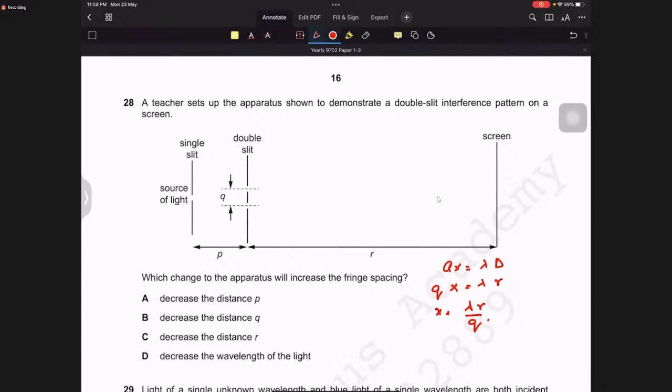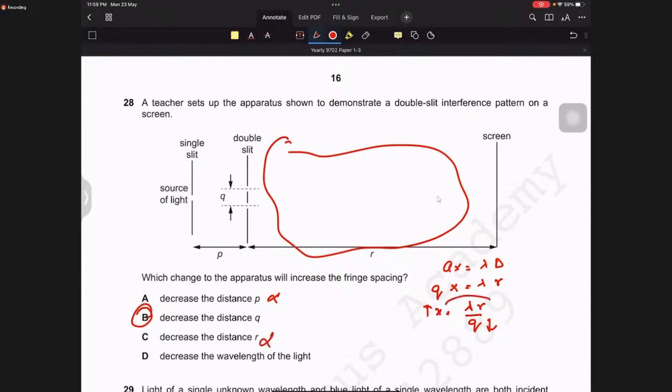Decrease the distance P: it has nothing to do with this. We only look at everything that happens after the double slit. Decrease the distance Q: if we decrease the distance Q, x is going to increase. That is the correct answer. Decrease R, this is directly proportional, so that is the wrong answer. Decrease the wavelength, that is also the wrong answer. The direct proportion is right there.